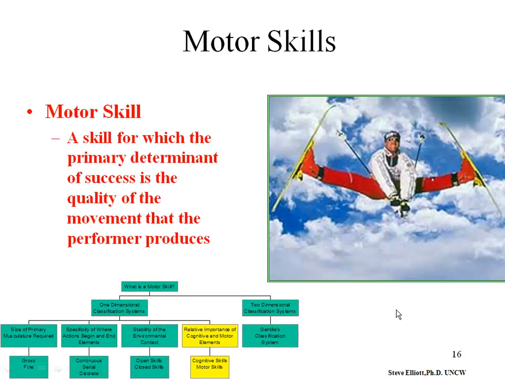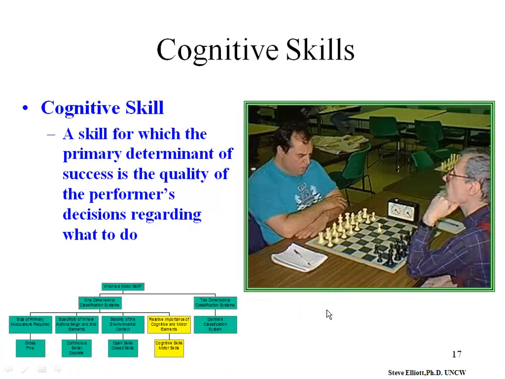So a motor skill, as opposed to a more cognitive skill, the primary determinant of success is the quality of the movement that the performer produces, and it's more the physical part of that movement is the most important thing, as opposed to a cognitive skill where the primary determinant of success is the quality of the person's decisions as opposed to the physical movement.